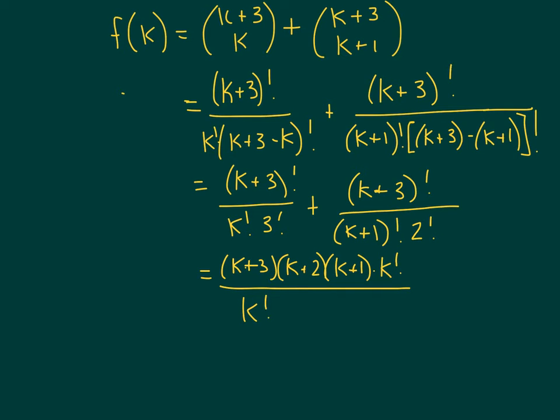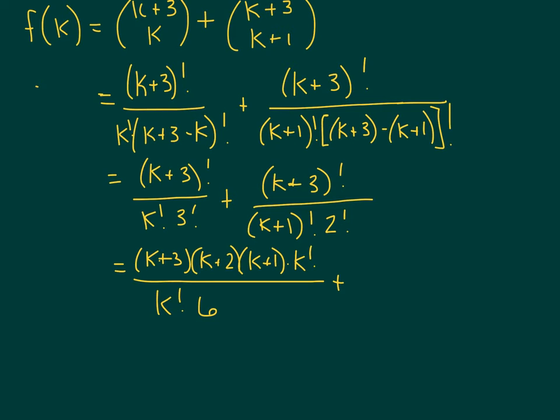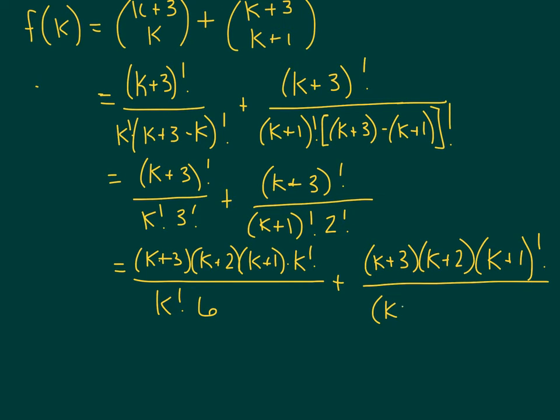And I happen to know that 3 factorial is 6. And as far as the other fraction is concerned, obviously again k plus 3 is the bigger number, so let's rewrite this as k plus 3 times k plus 2 times k plus 1 factorial all over k plus 1 factorial, and 2 factorial is just 2.